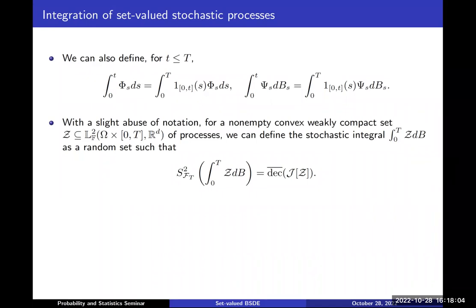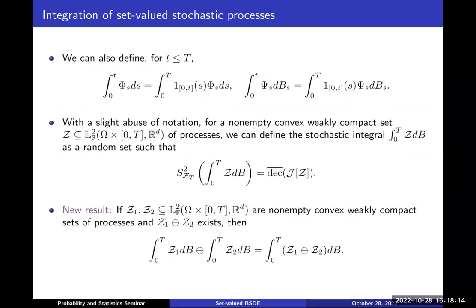Generalized in the sense that my integral is now a set of processes, but not a random set valued process. And you can, for instance, show that you can do addition. But of course, I owe you one explanation.